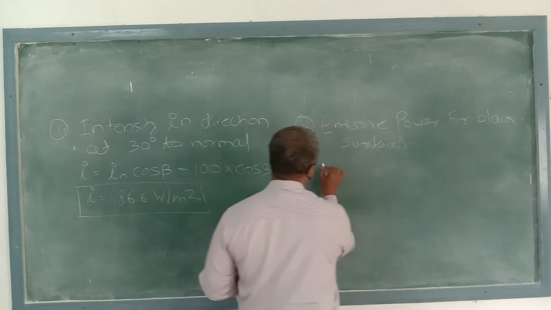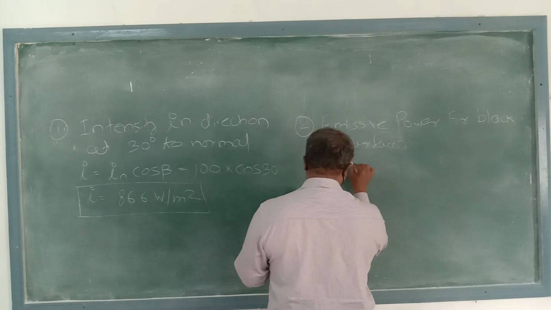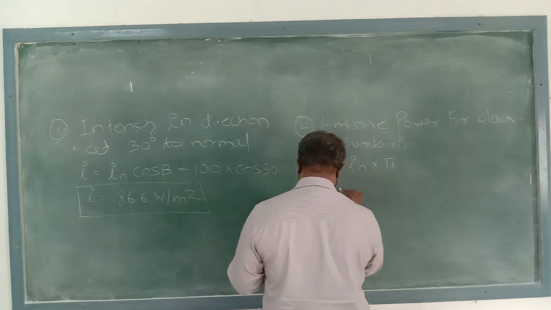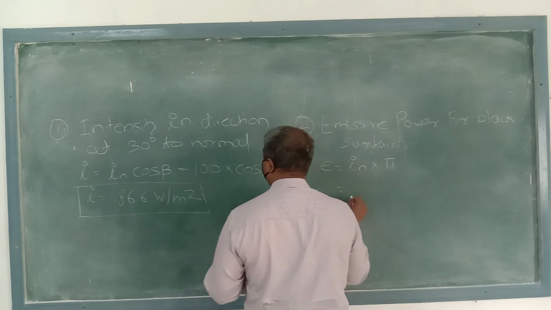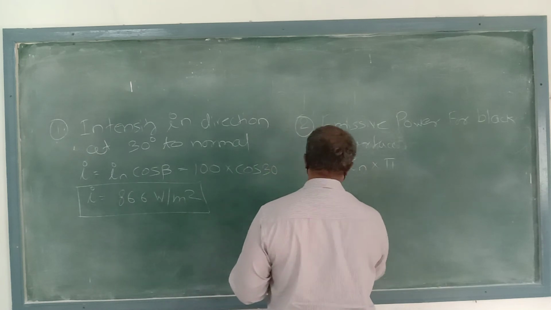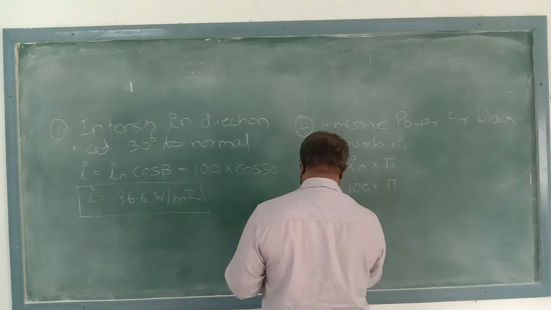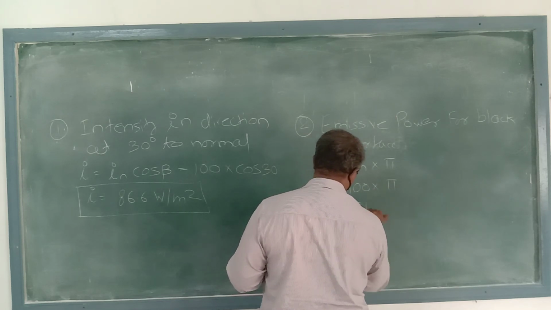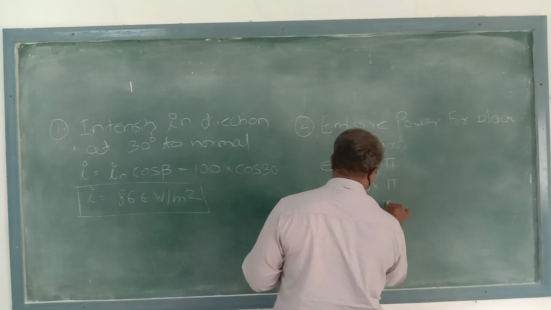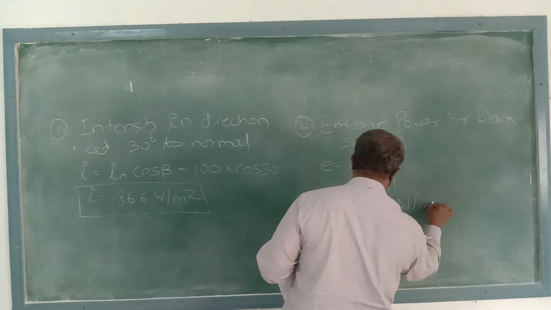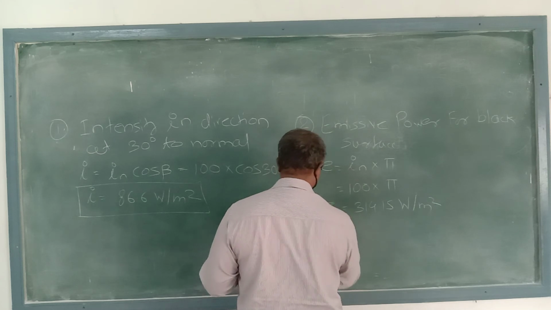So the emissive power of the black surface we are writing as In into pi. The In value they have mentioned is 100, into pi, which is equal to 314.15 watt per meter square.